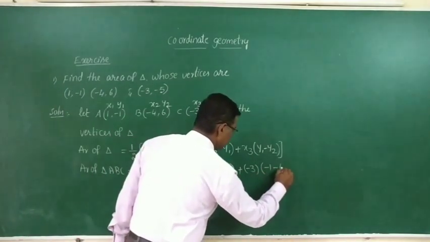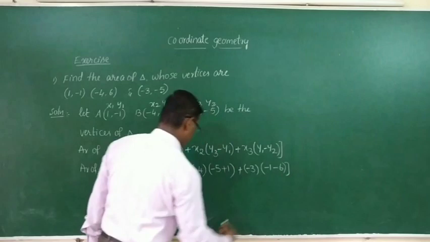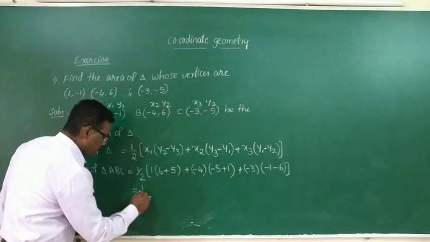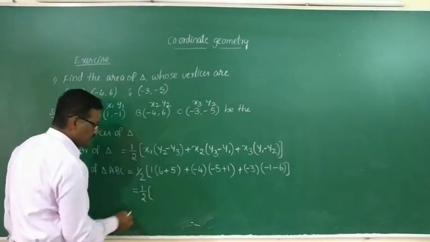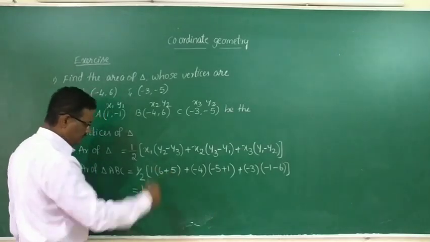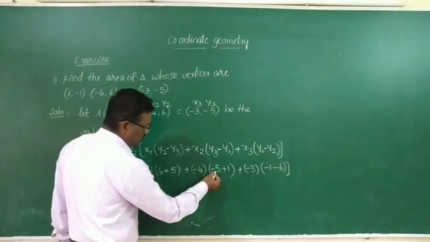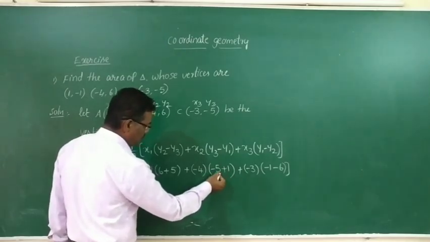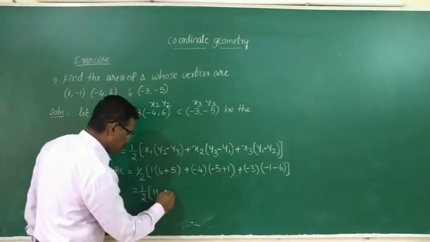Half into 6 plus 5 is 11 into 1 is 11, minus 5 plus 1 is minus 4 into minus 4, plus 16.